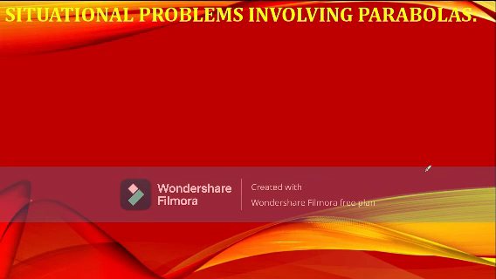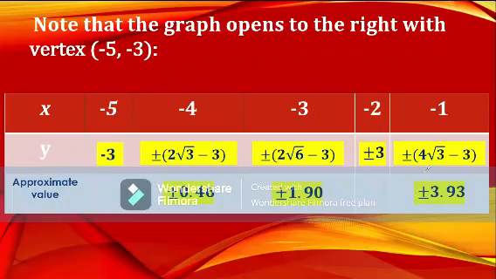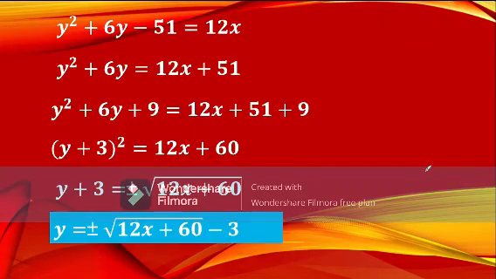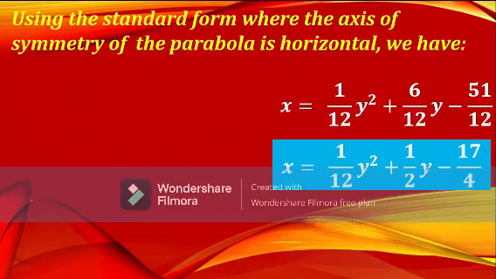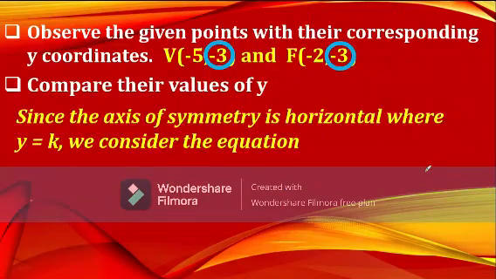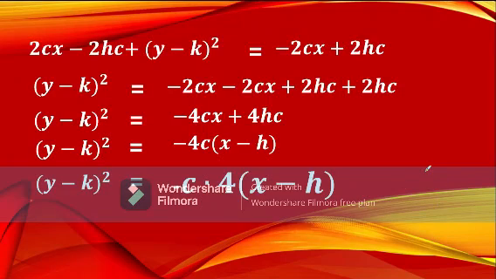Now, situational problems involving parabolas. But before that, let's go back, there's one that I'm going to make some corrections to. So I will just write the correction. It's all about when the parabola opens at this one.